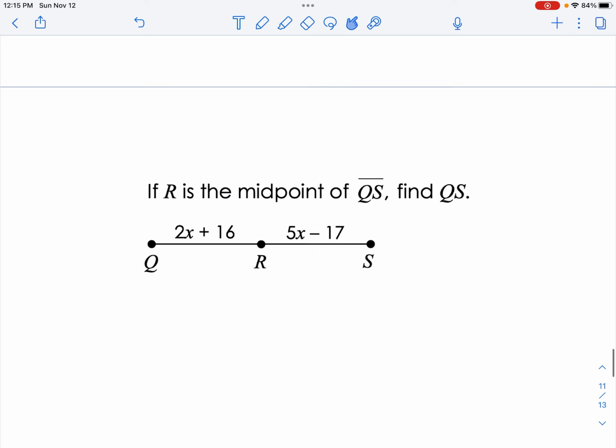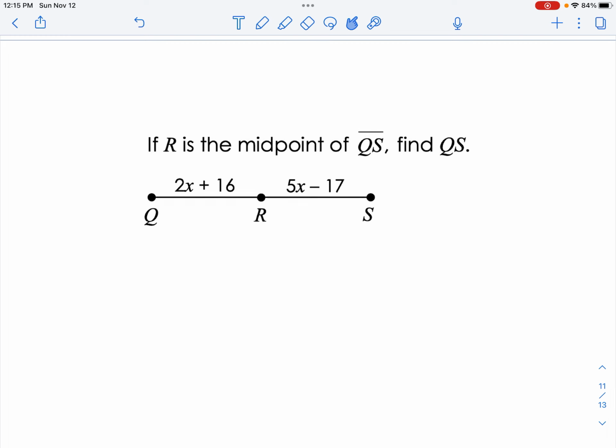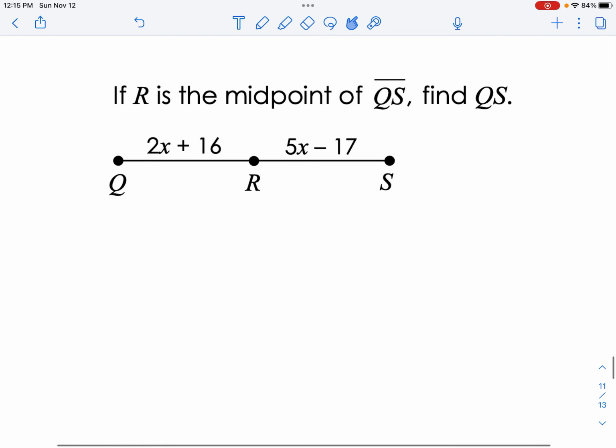All right, let's try one more. All right. R is the midpoint of QS. Find the length of QS. Okay, so since R is in the middle, we know that these two segments have to be the same. So I'm going to do that same thing.